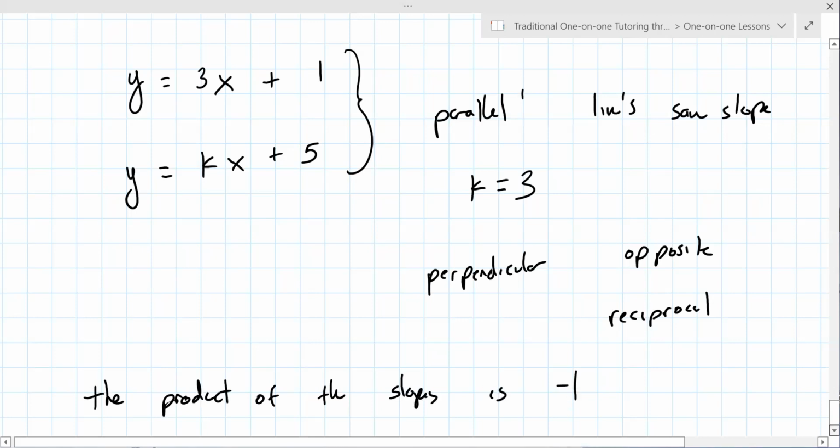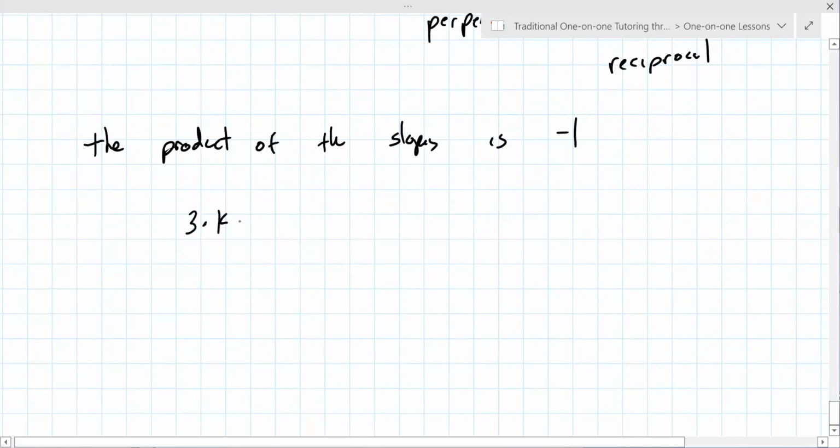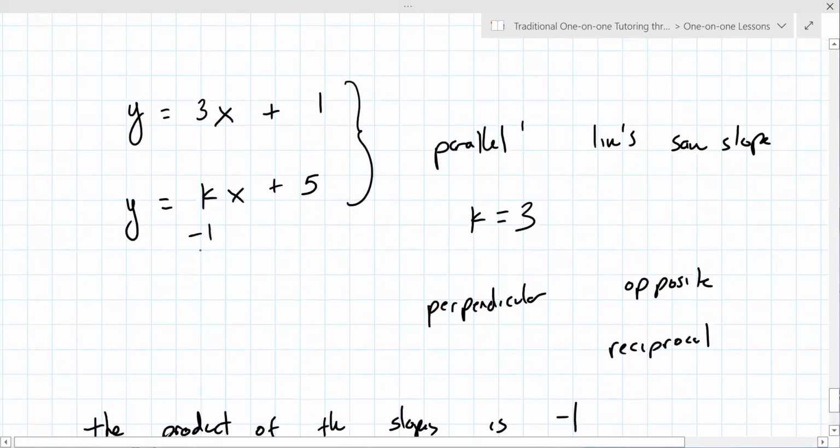So we take 3 times k, and that has to equal -1. We'll divide by 3. So k is -1/3. Now that we have k, let's go back and look at that. If k is -1/3, is that the opposite reciprocal? Well, yeah, it goes from positive to negative, and the reciprocal of 3/1 is 1/3.